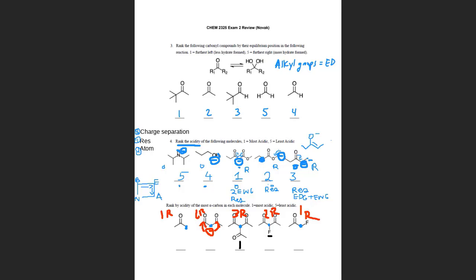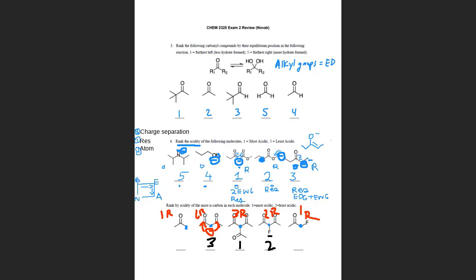Because we're dealing with anions, fluorine is a highly electronegative atom. So it's going to spread that negative charge density away from the concentrated carbon. So it's going to help stabilize it more. And so fluorine is going to use its inductive effects to make this more acidic than this here.